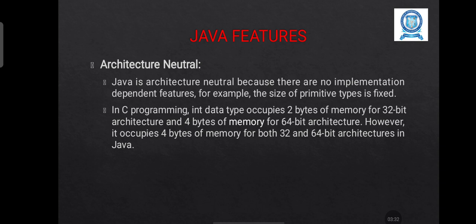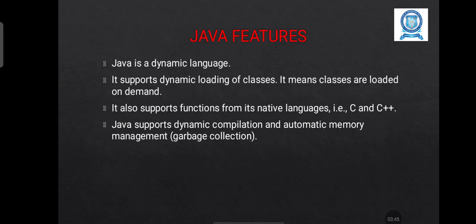But in Java, a common memory allocation is needed. That is, for storing integer data, 4 bytes of memory are needed in both 32-bit architecture as well as 64-bit architecture. It is a dynamic language, that is, it supports dynamic loading of classes.